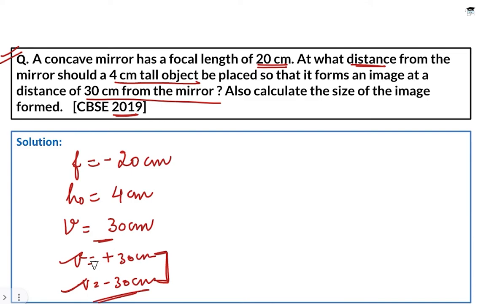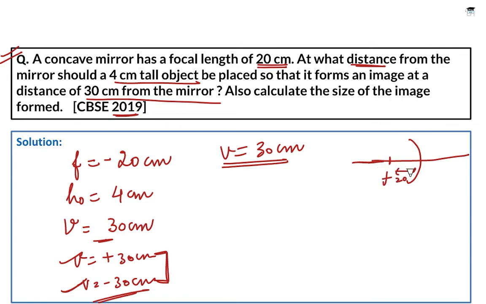Okay, so first of all, I'm going to take V to be positive. So when V is positive, that means the image is formed behind the mirror. So let's quickly draw the diagram. It's a concave mirror, which means the focus F is at a distance of 20 centimeter.